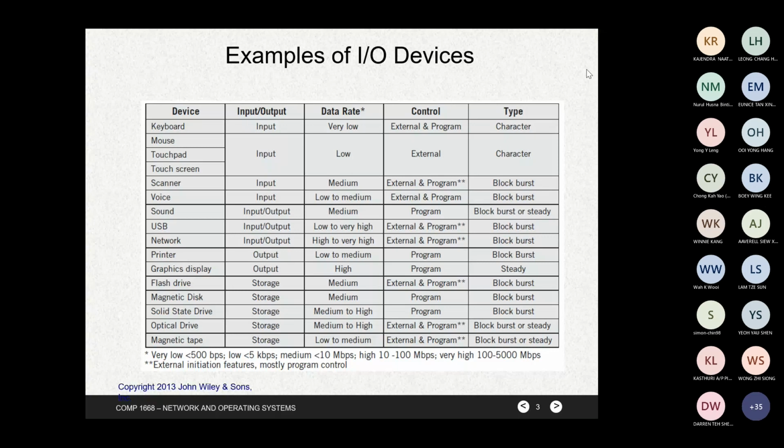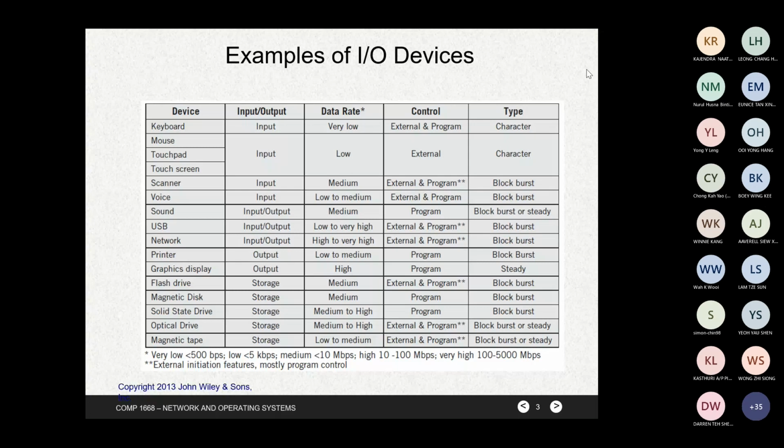The common I/O devices that we know are keyboard, mouse, touchpad, touch screen, scanner. But if we look into more detail, what are the I/O devices available in the market or surrounding us? The list can actually be very long.